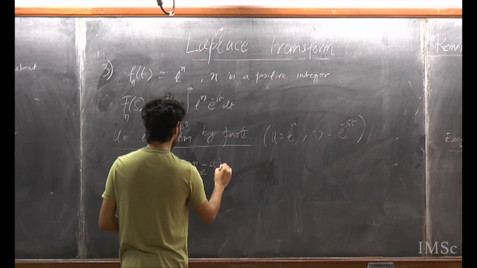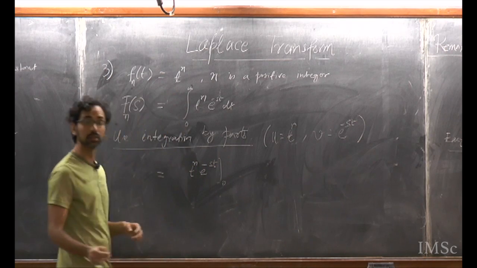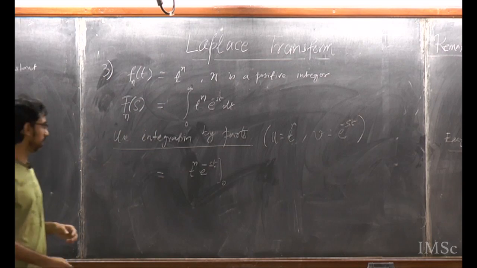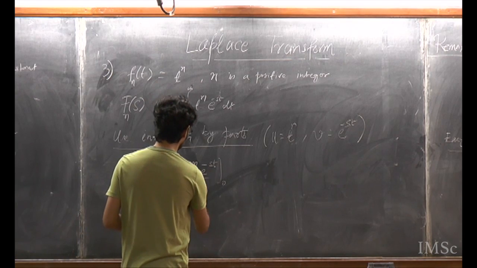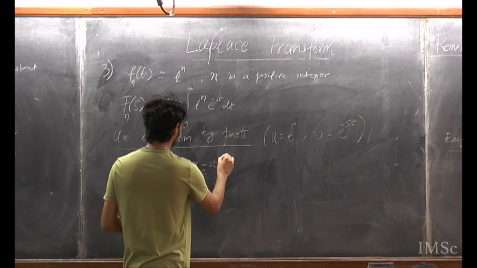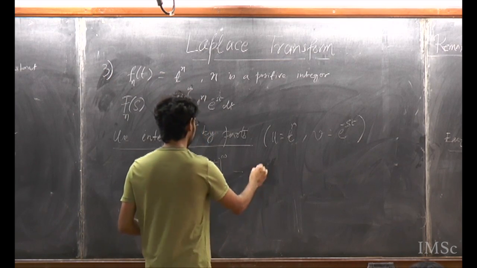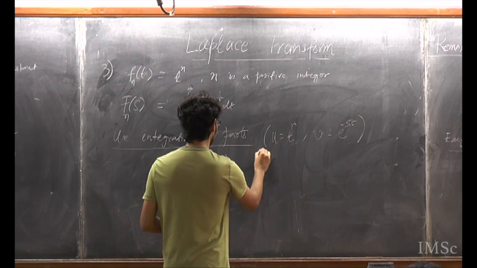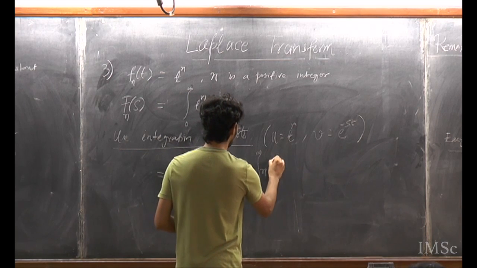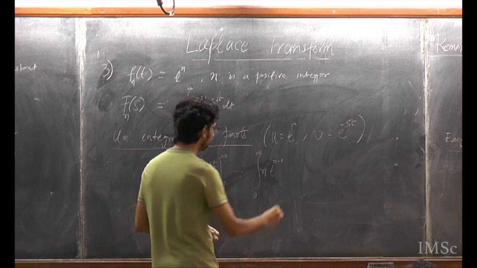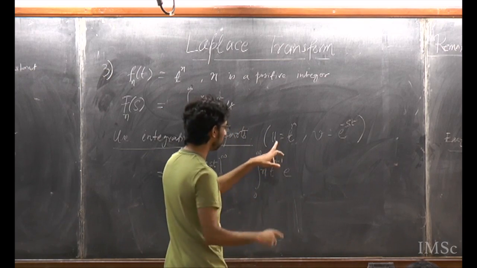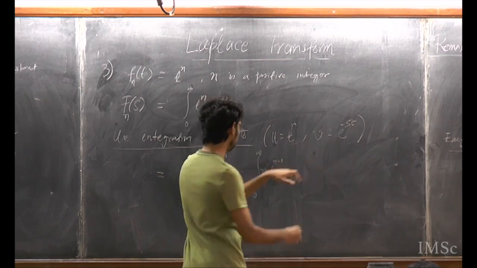divided by minus s, from 0 to infinity, minus the integral from 0 to infinity of n t^(n-1) times e^(-st) over minus s dt. So you differentiate u, integrate v.